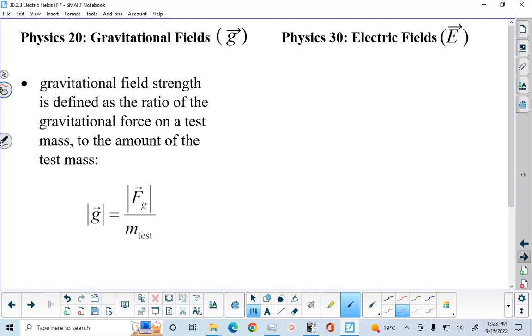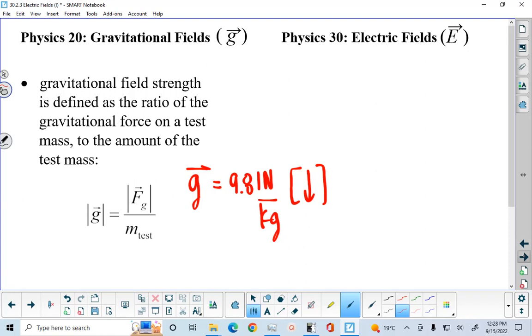What does this mean? It means that when we say the gravitational field strength of the Earth is 9.81 newtons per kilogram towards the surface of the Earth, we're saying for every kilogram of matter you put in the Earth's gravitational field, it experiences an influence of 9.81 newtons towards the surface of the Earth.